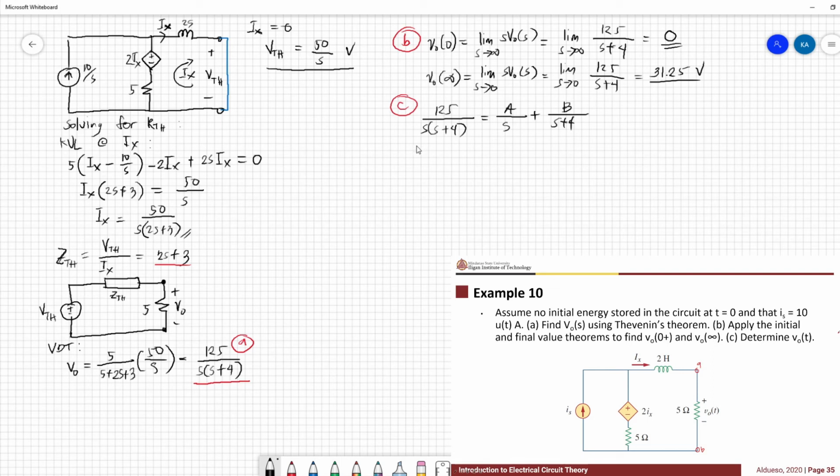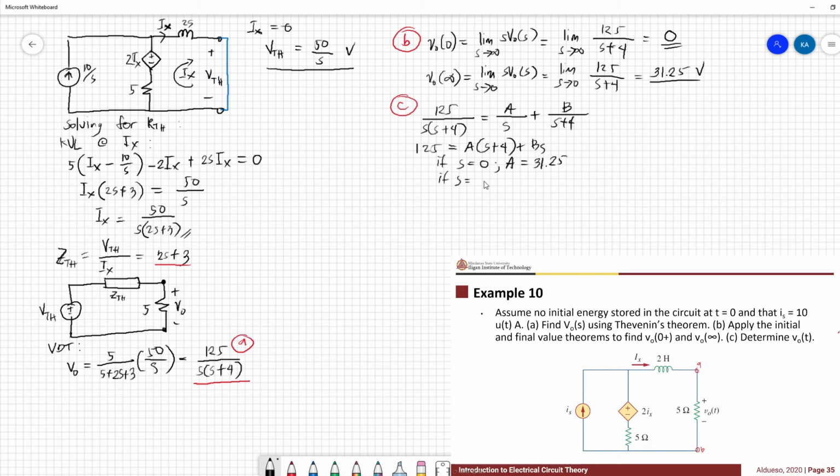So we can write this as A times s plus 4 plus B times s, solving for A and B. If s is equal to 0, A is 31.25.